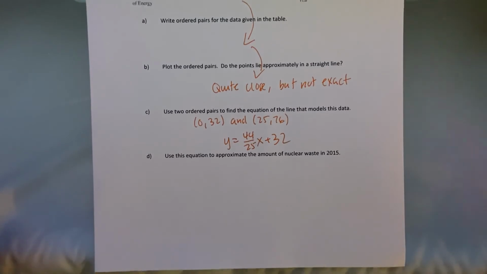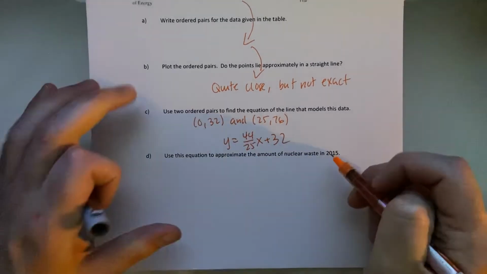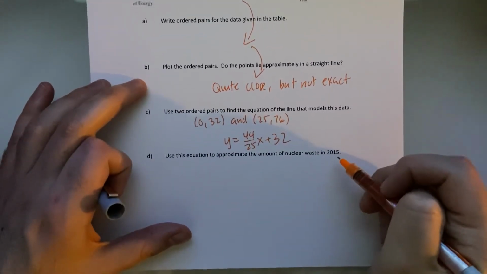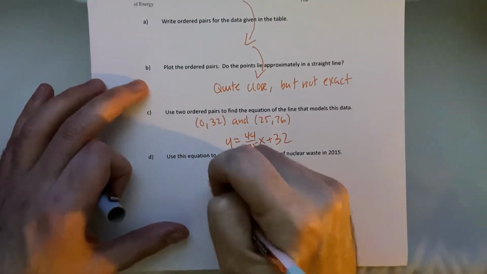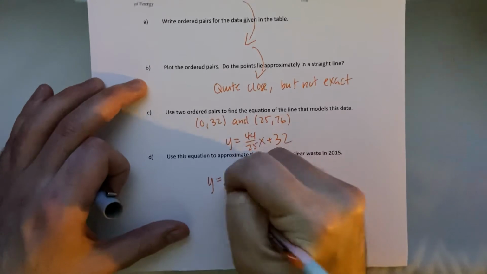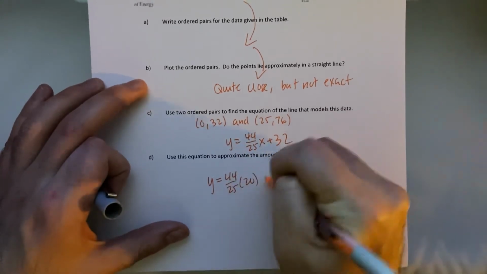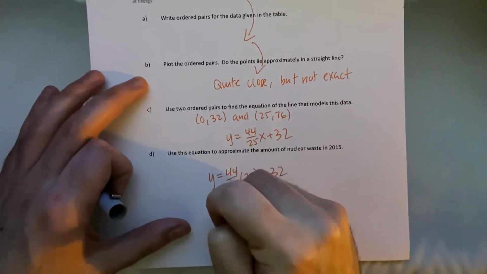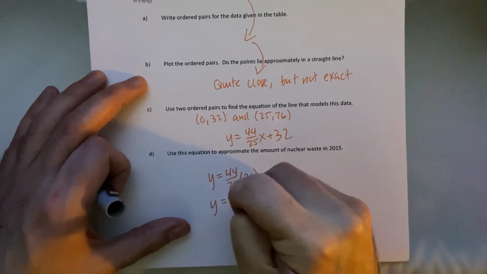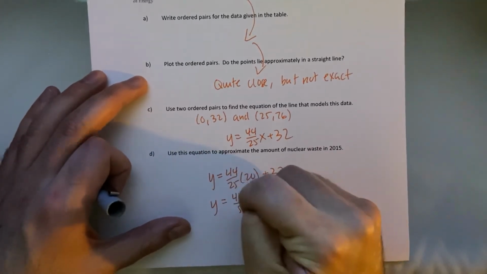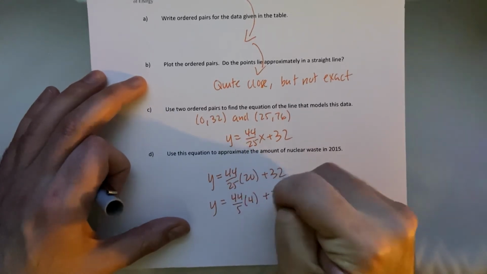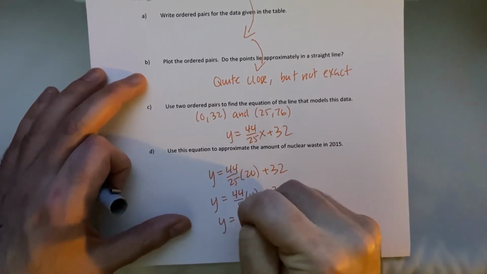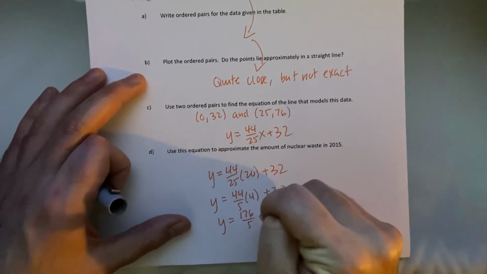Use this equation to approximate the amount of nuclear waste in 2015. Now we know how many years since 1995 is 2015? 20. So we'll have y equals 44 25ths times 20 plus 32. Okay, so this is 44 over 5 times 4 by reducing these both by 5. 176 over 5 plus 32.